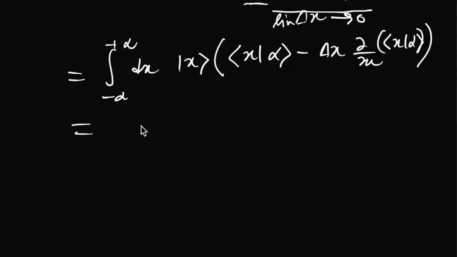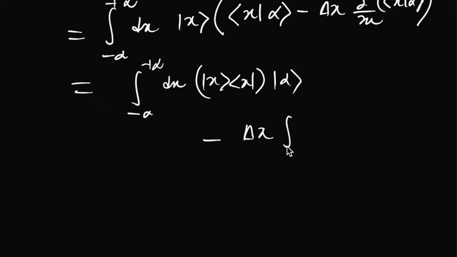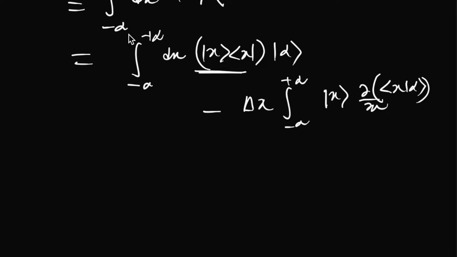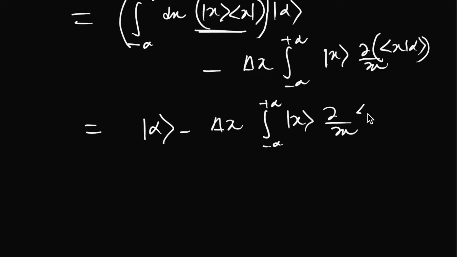That means this can be written as integral dx |x><x|alpha> minus delta x integral dx |x> del x <x|alpha>. We know that the first integral is nothing but the identity operator. That means this is nothing but alpha minus delta x integral dx |x> del x <x|alpha>.